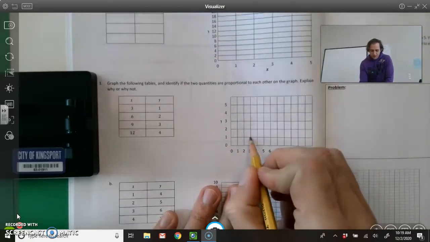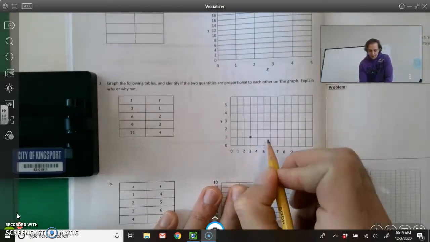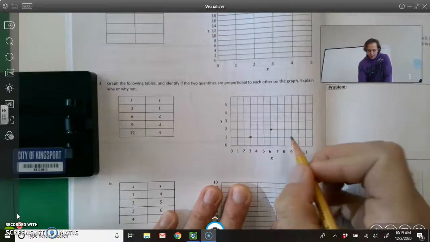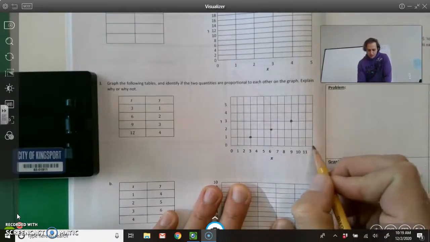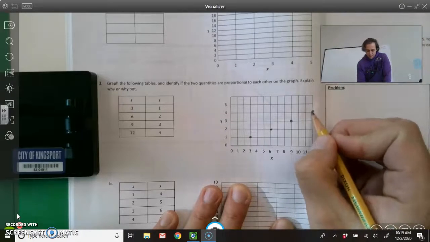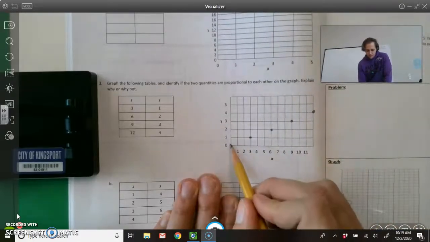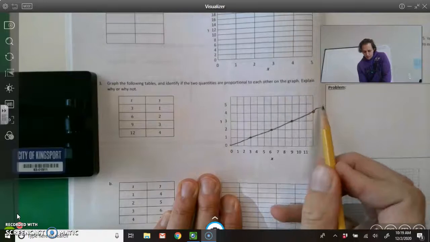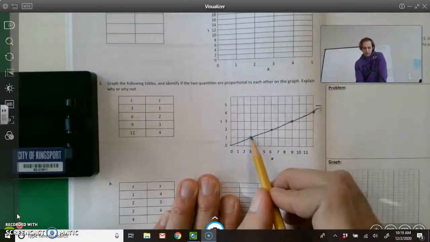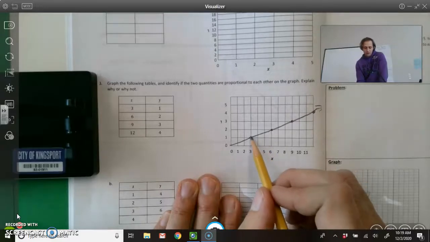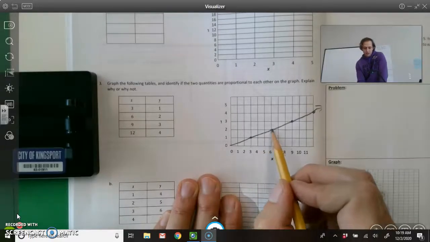If x is 3, y is 1. If x is 6, y is 2. If x is 9, y is 3. And if x is 12, y is 4. It makes a straight line. Remember how I explained in the last one that every time I go over 3 spaces, I go up 1 space.